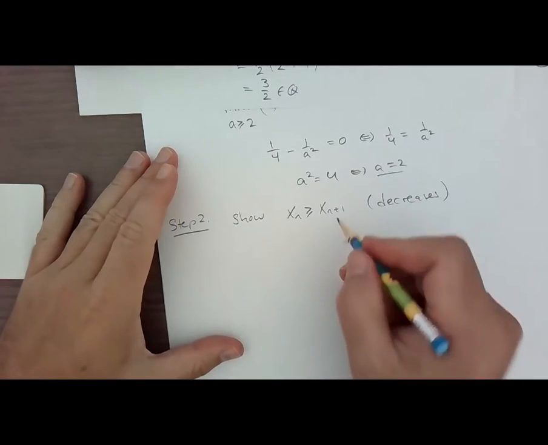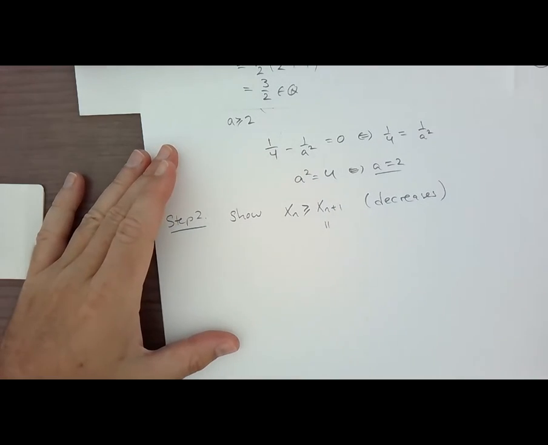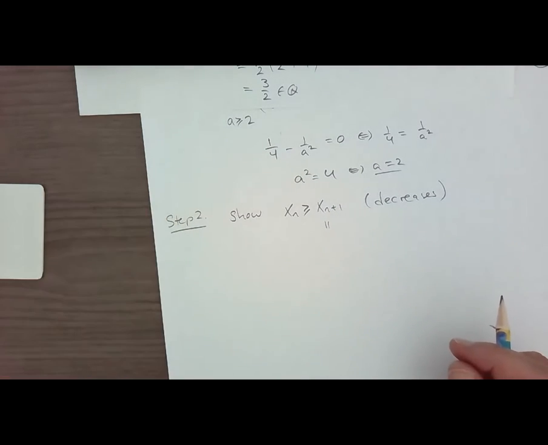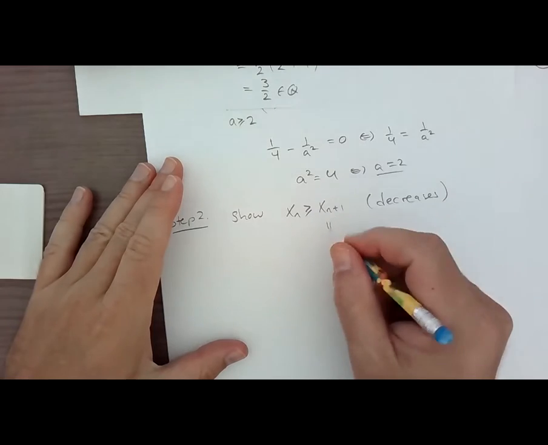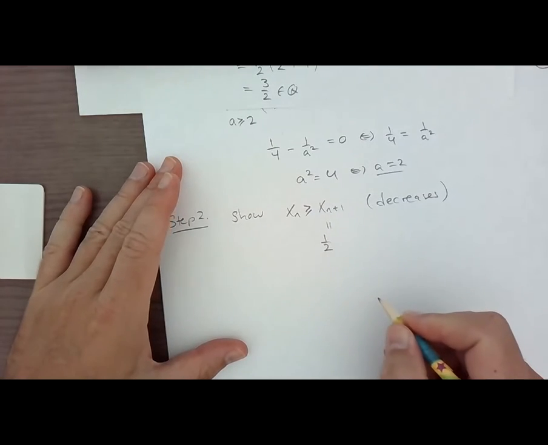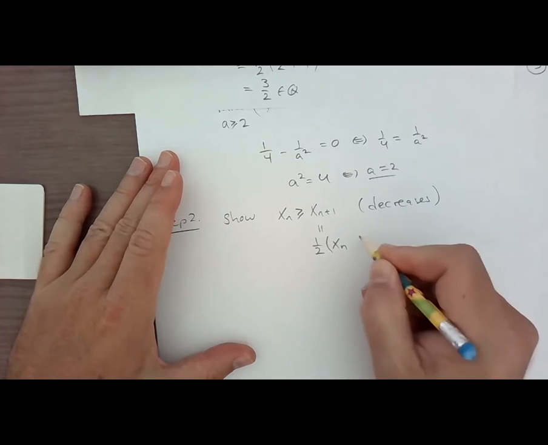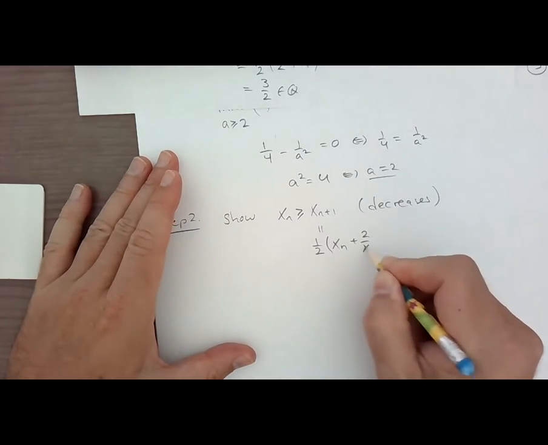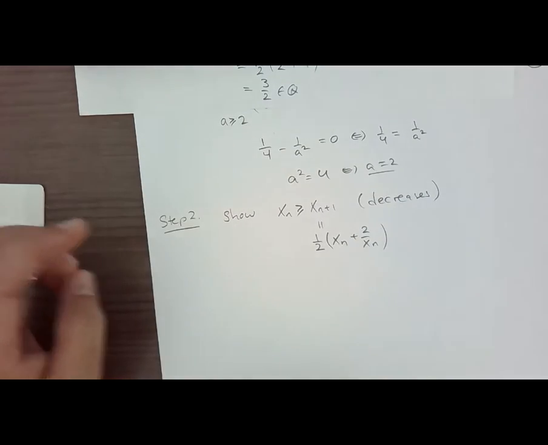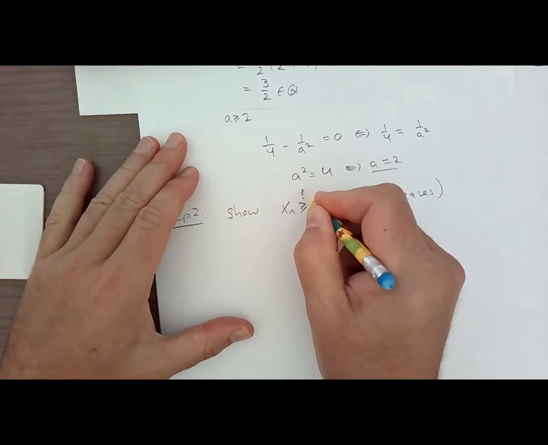Okay, but the way that we do that is we again use the formula that xn plus 1 is given recursively as a function of xn. So this is 1/2 times xn plus 2 divided by xn. So we have to prove that this here is true.